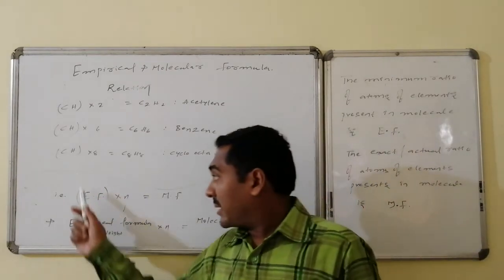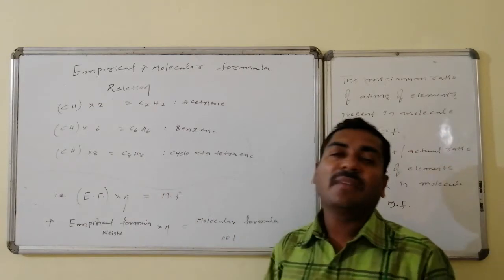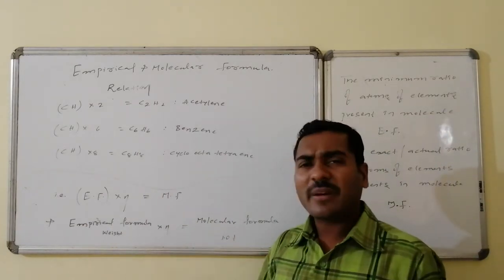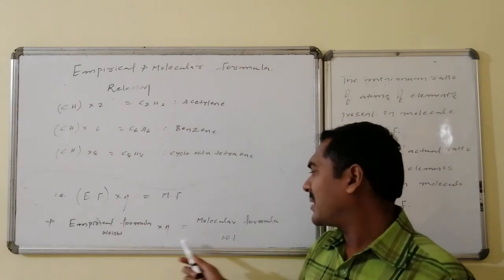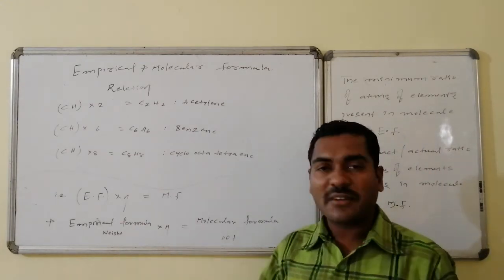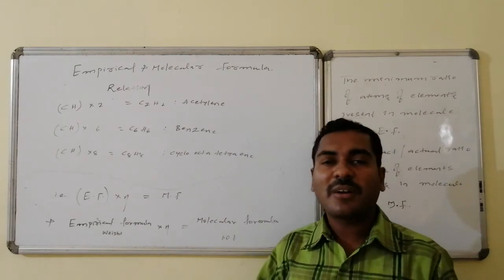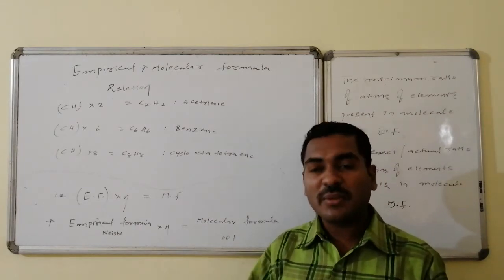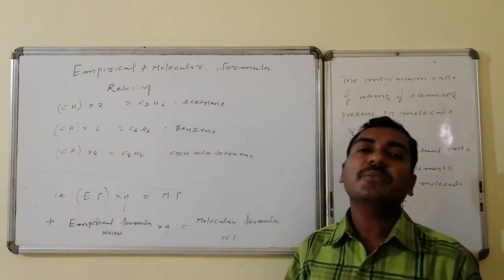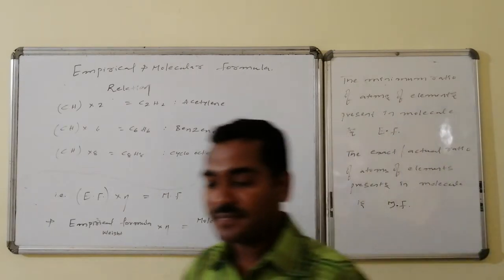That is, empirical formula into some number n becomes equal to molecular formula, and empirical formula weight into that number also becomes molecular formula weight. Therefore the n ratio of molecular formula to empirical formula is equal to the ratio of the weight of the molecular formula to the weight of the empirical formula.